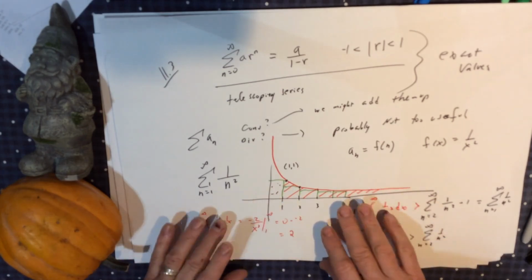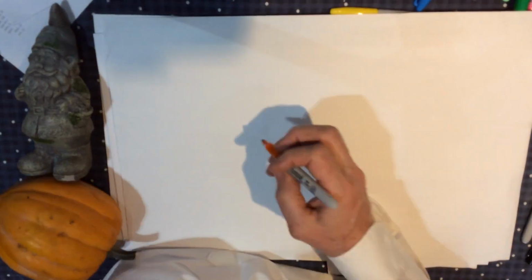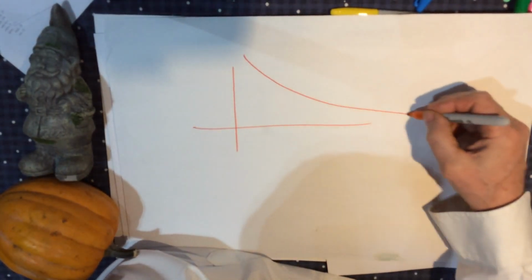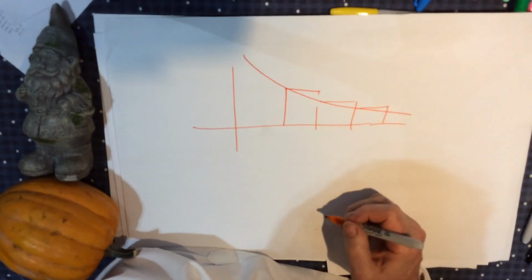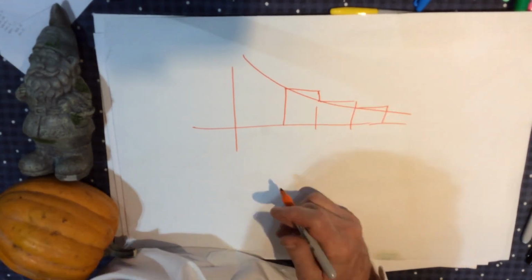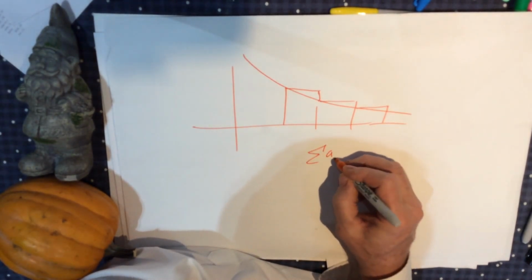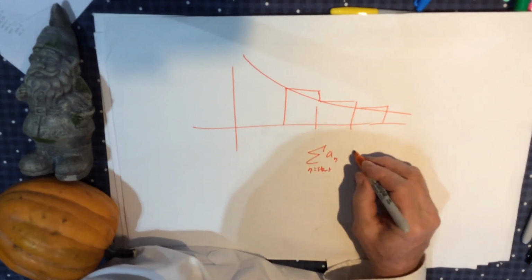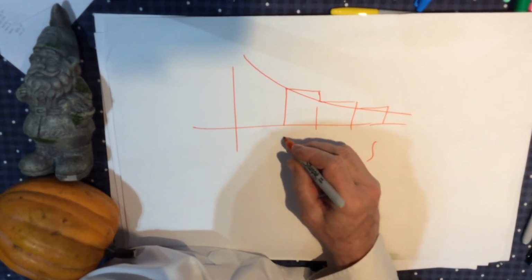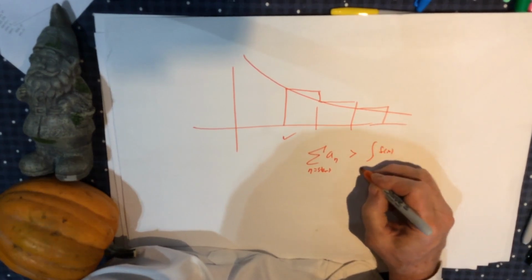So now let me look at an upper Riemann series. So suppose I had taken that function and instead I had done this and did upper Riemann sums. Well, then I could get a bound that my series from some starting point will be bigger than an integral from that same starting point of a function.